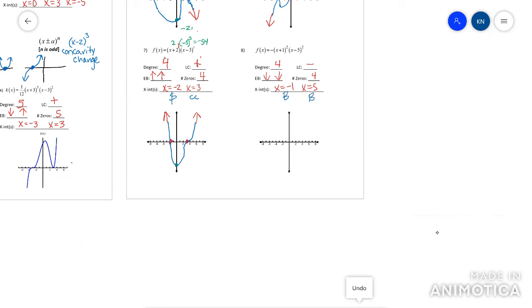All right, and then you should also get your y-intercept. So it'd be negative parentheses, 0 plus 1 is 1. And then 0 minus 5 is -5. So that's going to be -50. Okay, put your x-intercepts and the arrows down. So it's going to be a down, down.